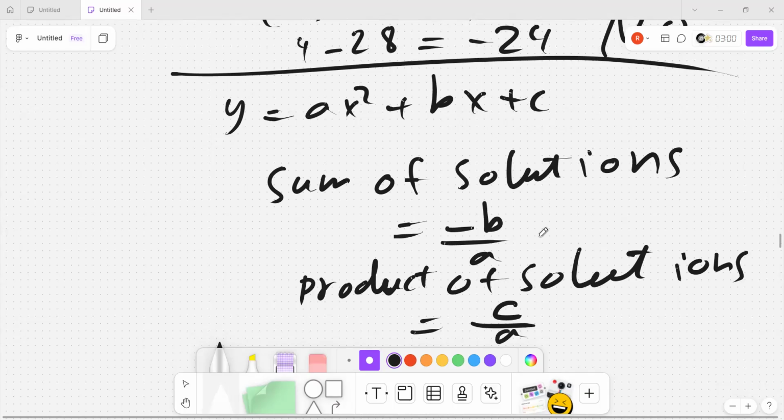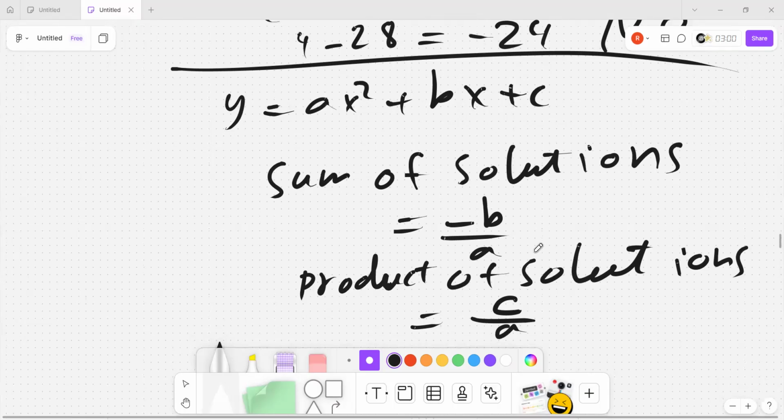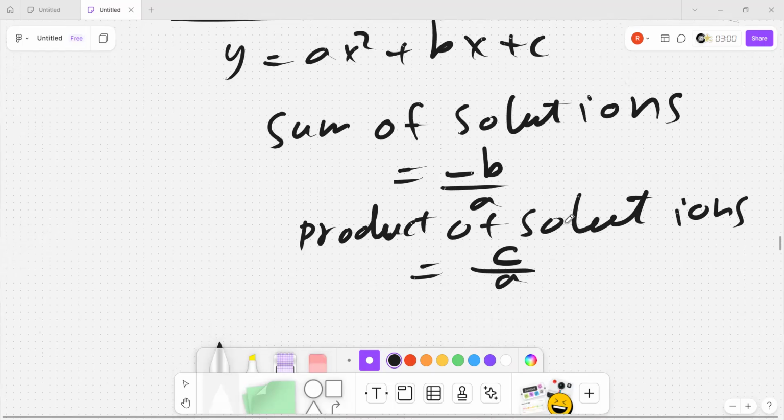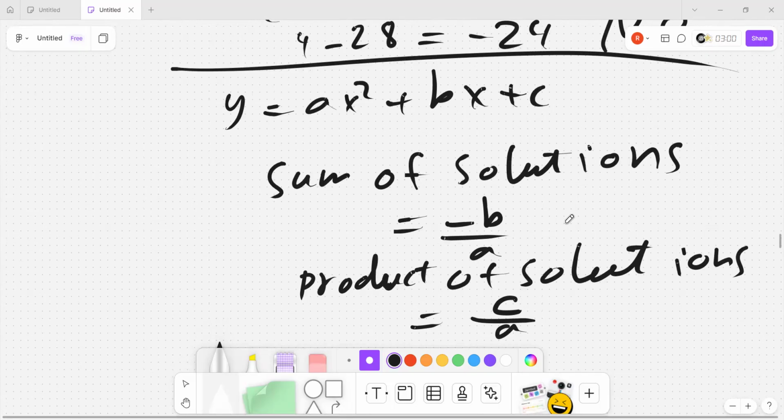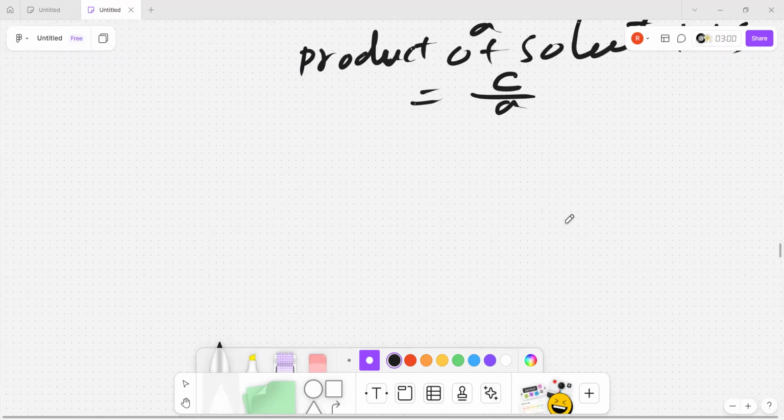That's it. There is no need to find the solutions and then add or multiply them. If it's written in that form, you can find the sum of solutions or the product of solutions by these rules. That's it.